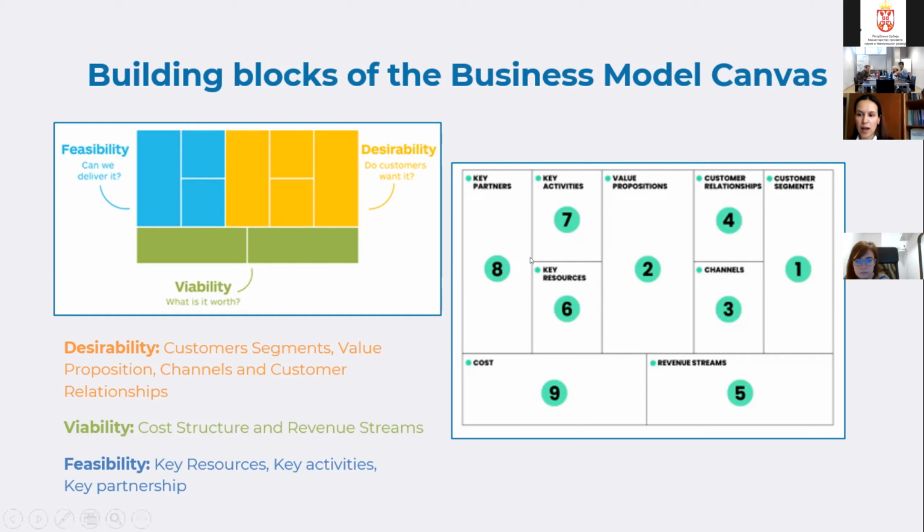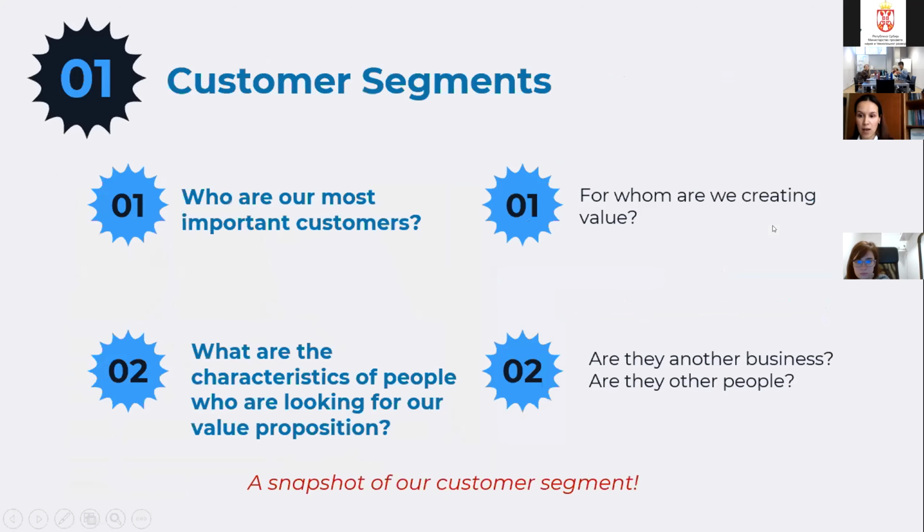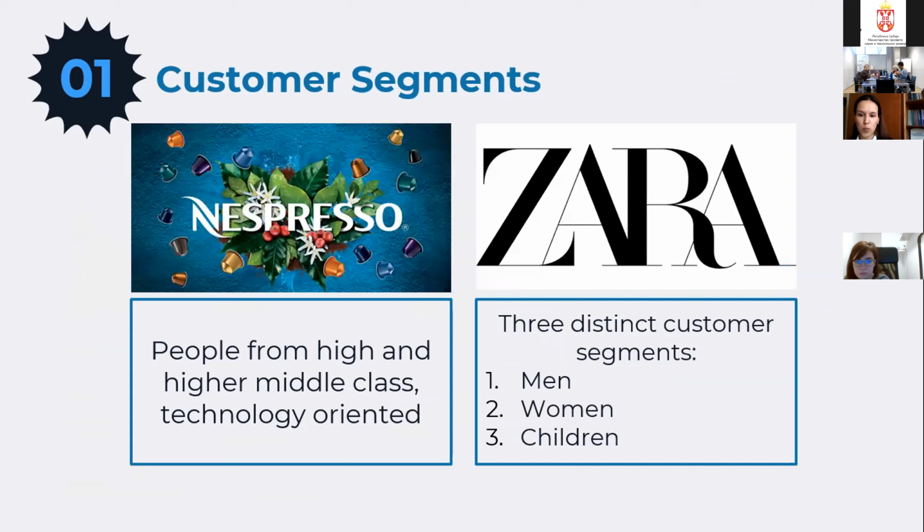A business model canvas can define one or several big or small customer segments. For Nespresso, we have one customer segment consisting of people from the high and higher middle class, technology oriented. But in the case of Zara, we have three distinct customer segments: men, women, and children.